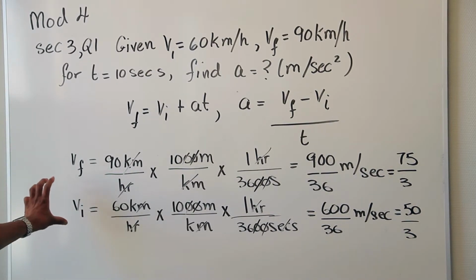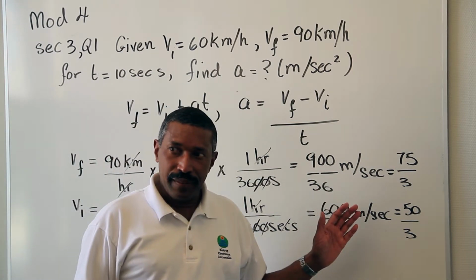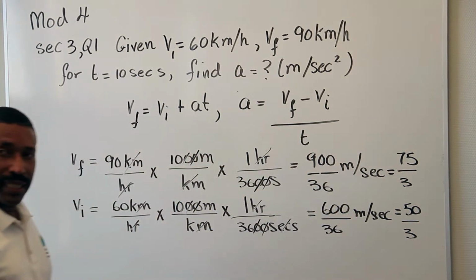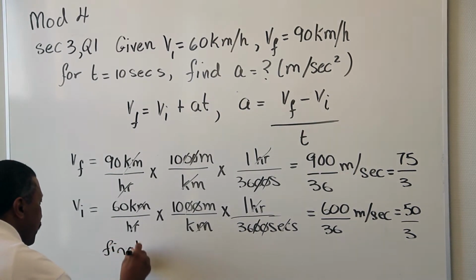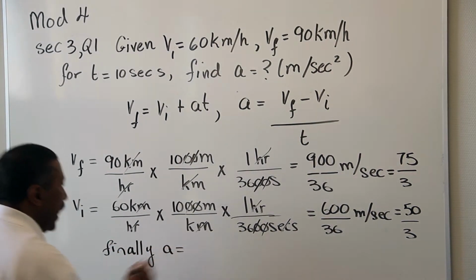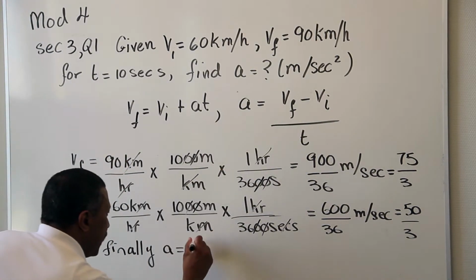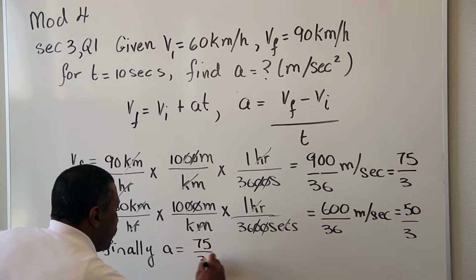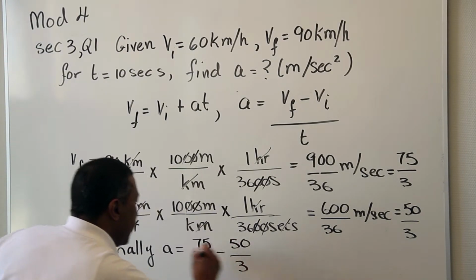So what we've got is vf and vi in meters per second, and then we have to divide by t. So let's have a go. Finally, we can set up our expression that a is equal to vf minus vi, and that would be 75 over 3 minus 50 over 3.